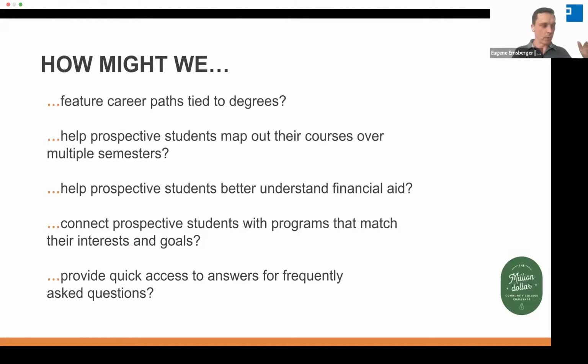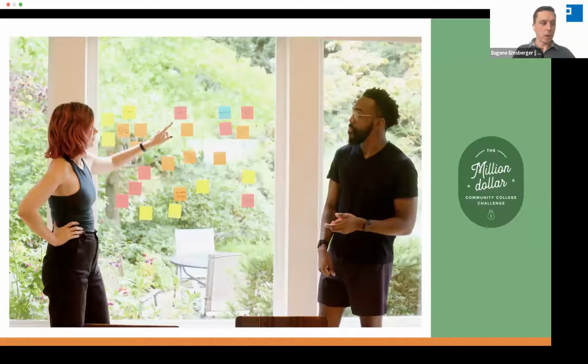So, an example: how might we help prospective students map out their courses over multiple semesters, or better yet, how might we connect prospective students with programs that match their interests and goals. Some ideas that you might come up with along the way are restructuring navigation and homepage content, or creating a wizard style tool to walk them through the process.